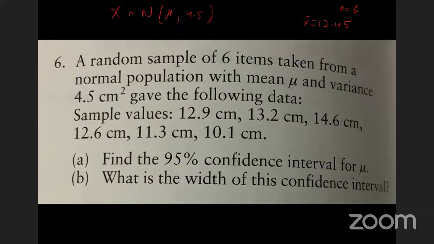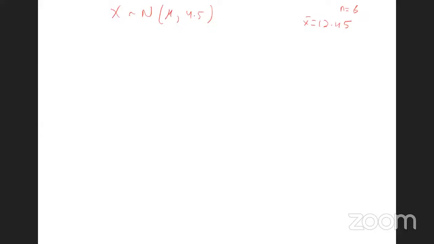Dexter, how much you got? One point. Take a picture and send it to me. I'm going to see why you made a mistake. So then you can take a picture of yours too.